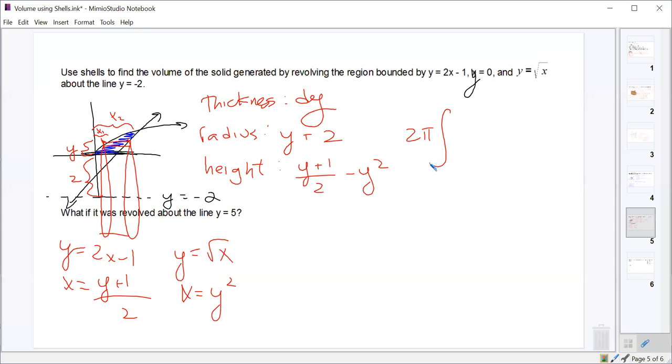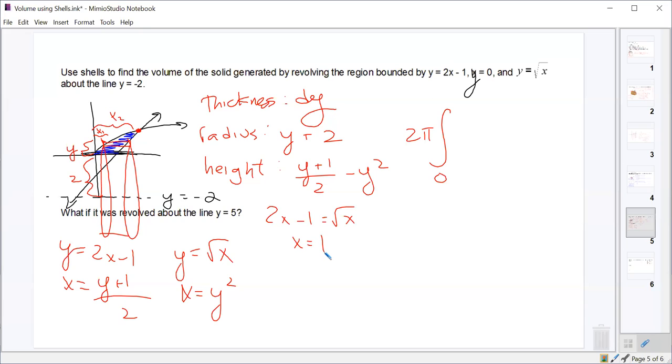So from the bottom of the region, which is 0, to the top of the region. Well, when do those intersect? When does 2x minus 1 equal the square root of x? We could probably see that that's just x equals 1, hopefully. Now, that's the x value of 1.